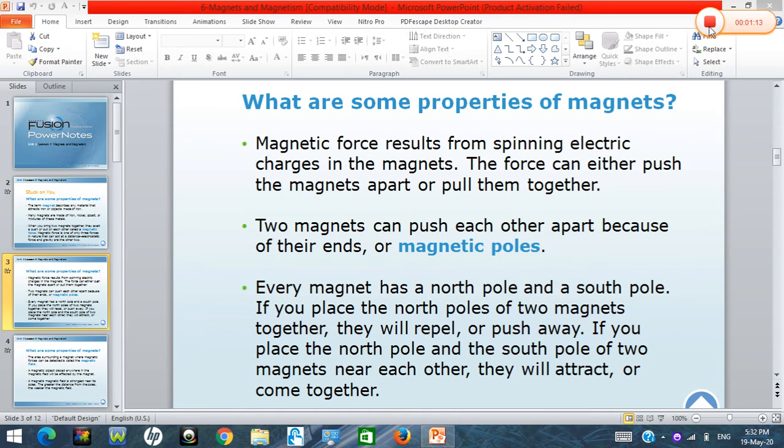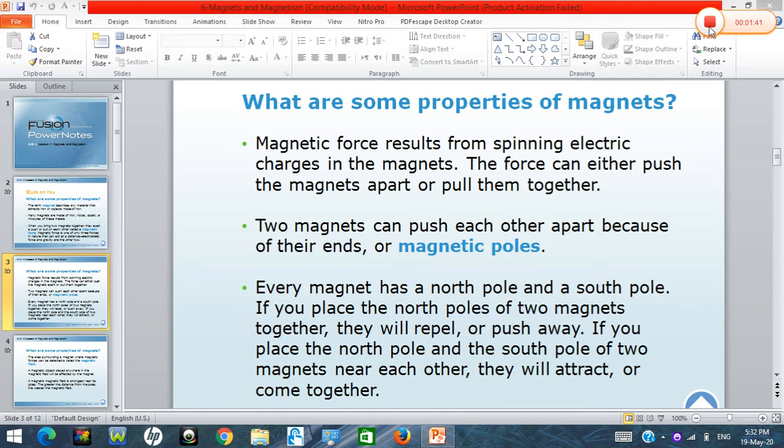Not all metals attract to the magnet, and the force of the magnet is called magnetism. Materials are classified into magnetic material, which is attracted to the magnet, and non-magnetic materials, which are not attracted to the magnet.